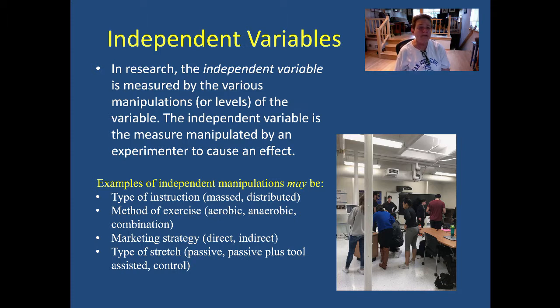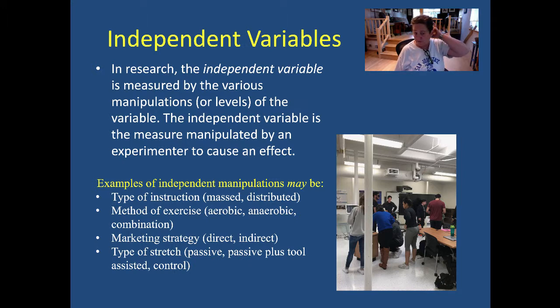So the comparison here of massed and distributed is not really a very good comparison because we have not control for all the conditions that go along with the teaching of the massed and the distributed and where the students come in to those classes.